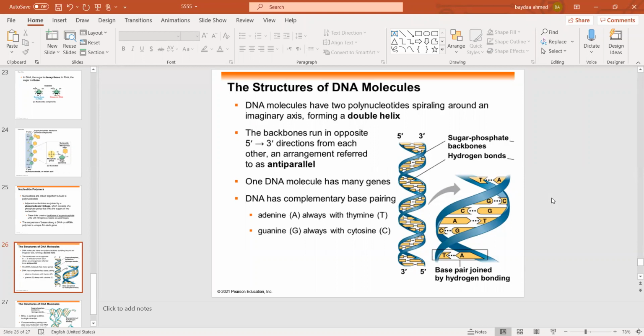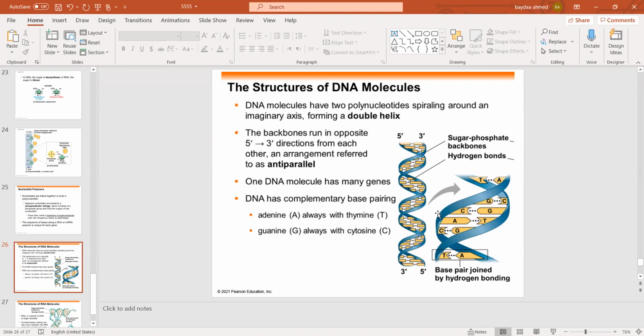A DNA molecule has two polynucleotide strands that wind around an imaginary axis, forming a double helix. We call the DNA molecule formed from two strands of polynucleotide a double helix.